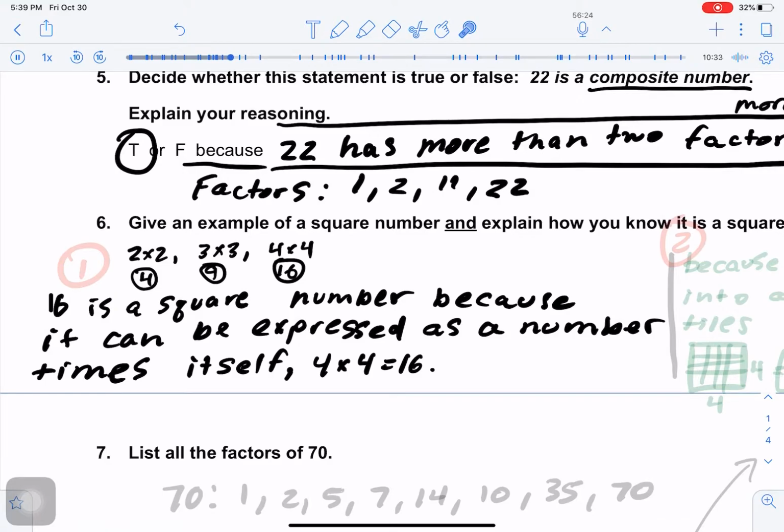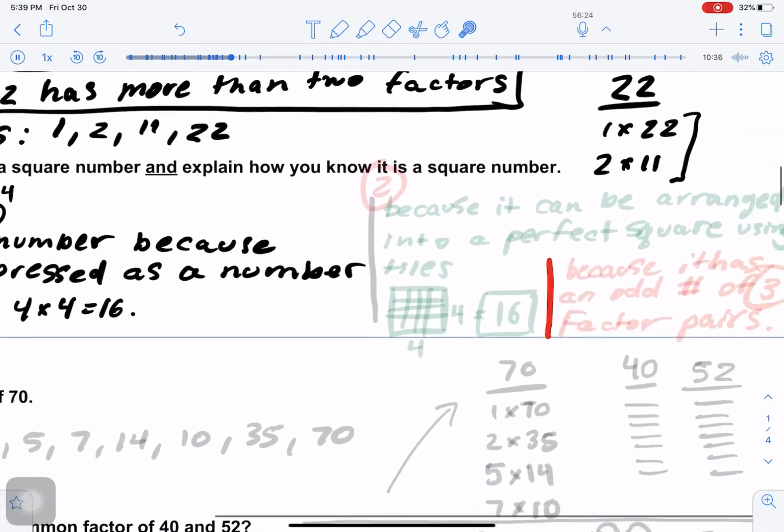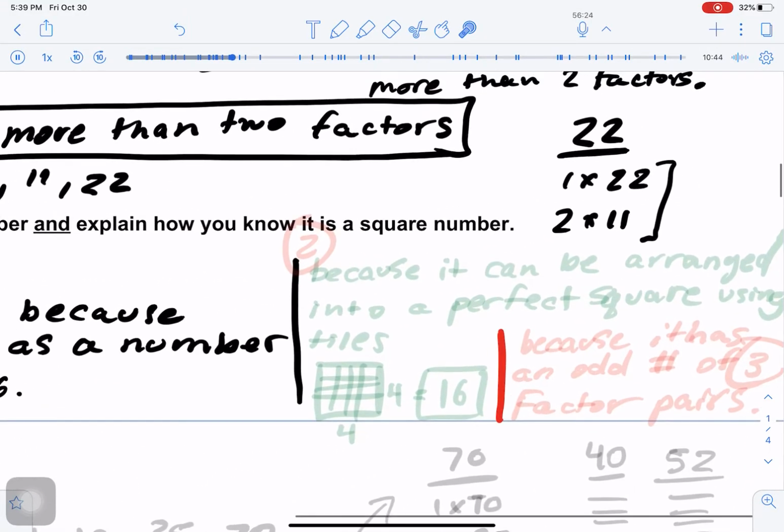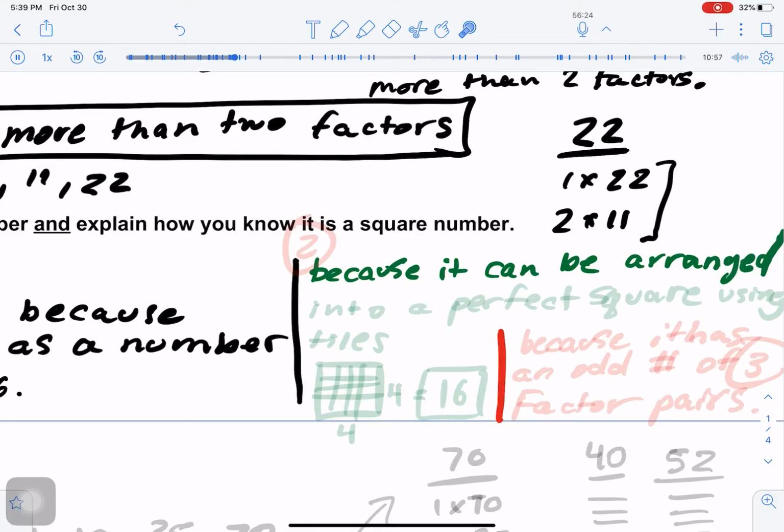I'm going to move this answer over here because there's another way to answer this. I can also say that 16 is a square number because it can be arranged into a perfect square using tiles.